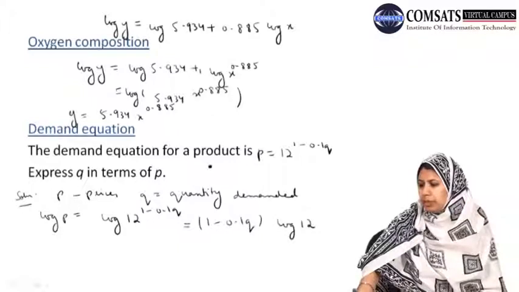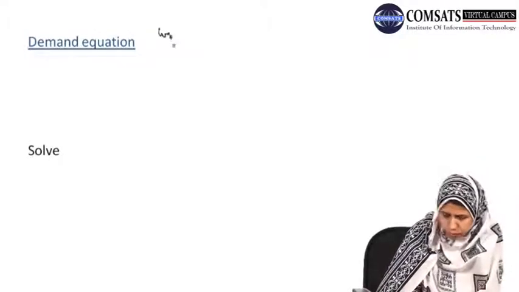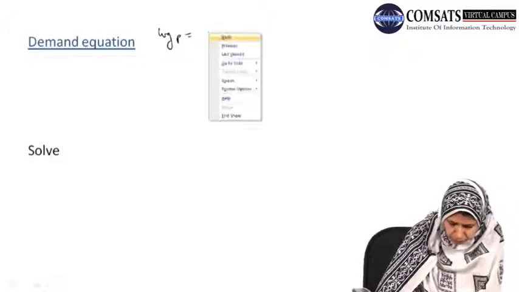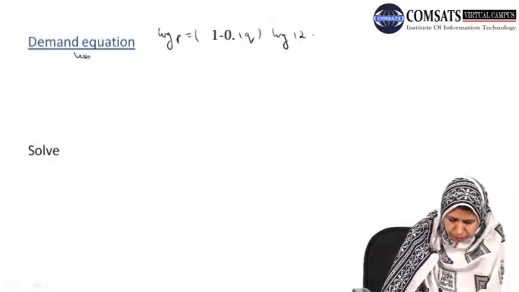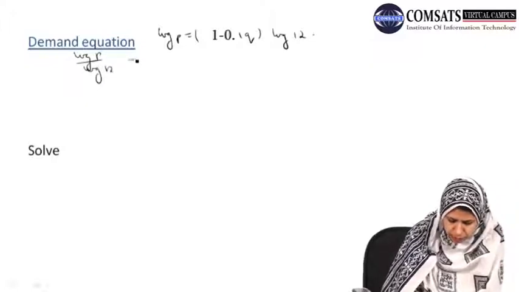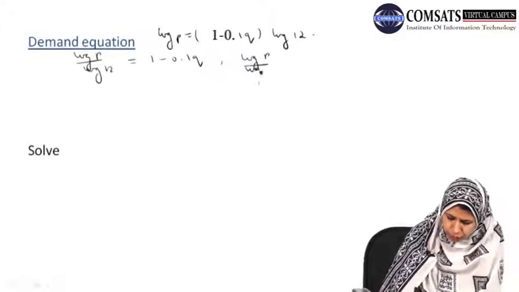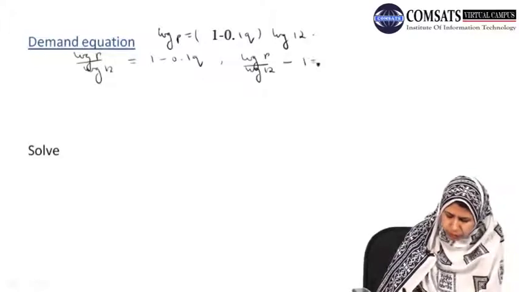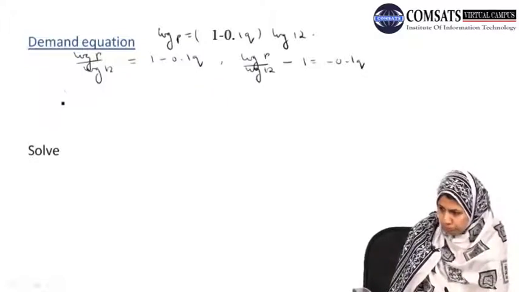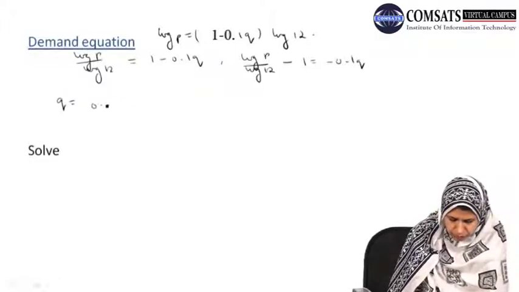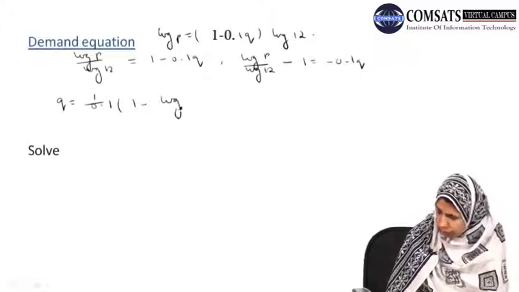So now we have log of P is equal to 1 minus 0.1 Q into log of 12, and we can write it as log of P over log of 12 is equal to 1 minus 0.1 Q, or log of P over log of 12 minus 1 is equal to minus 0.1 Q, and we obtain Q is equal to 1 divided by 0.1 into 1 minus log of P over log of 12.